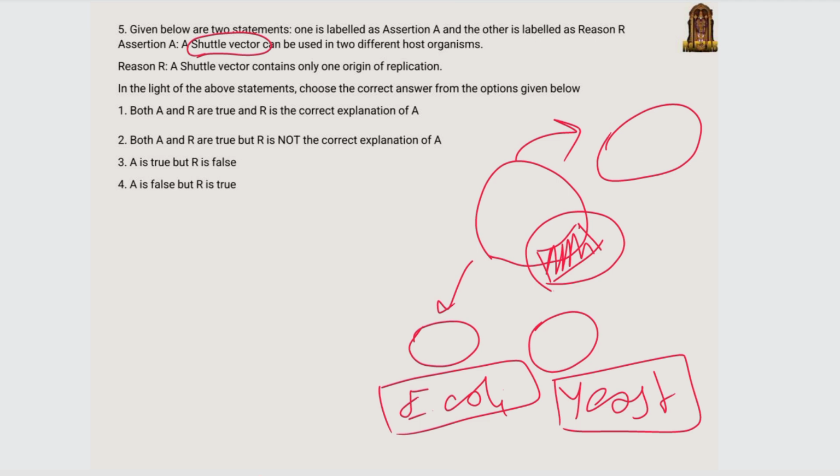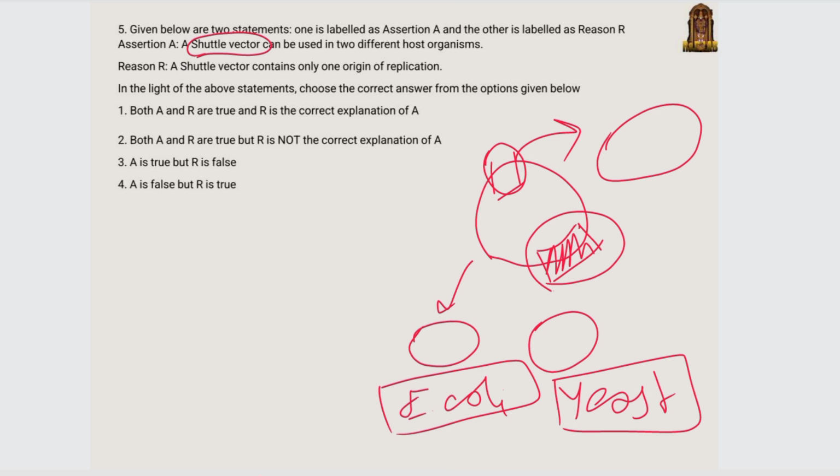So if in your construction you are not giving any site for the replication start, and the machineries responsible for running the replication are not able to access your DNA, or are not able to get the specific site to start the replication, then the replication will not be started.